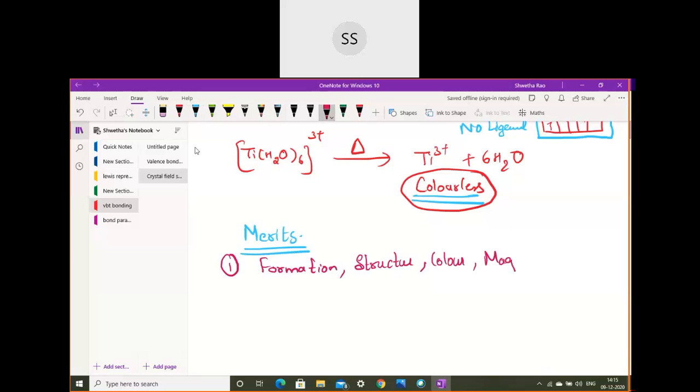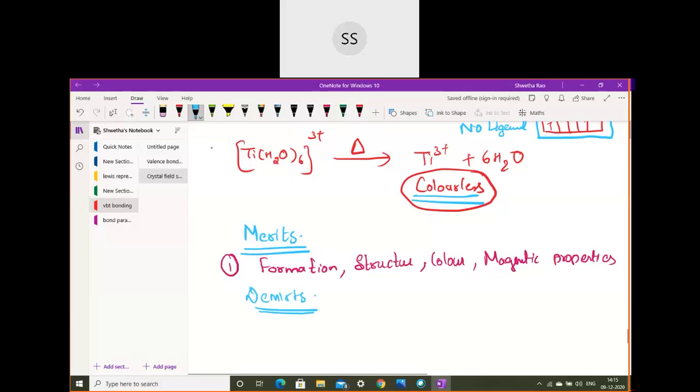They could even explain the structure, and then color, you can see here. Color is being explained, and certain magnetic properties are also explained. Color you have already seen how it is.